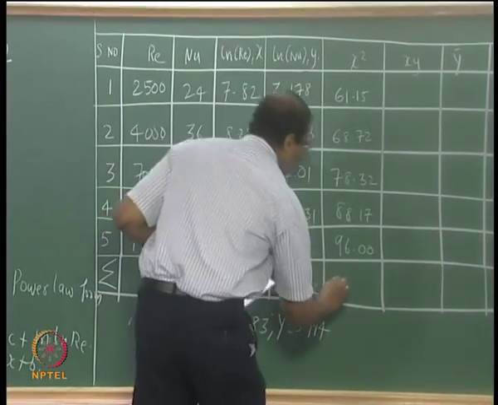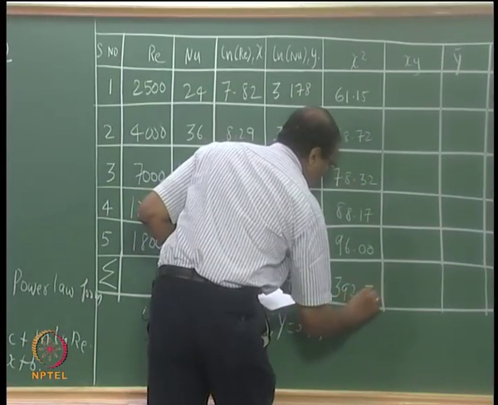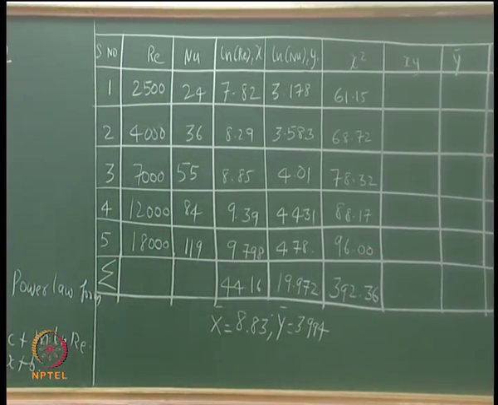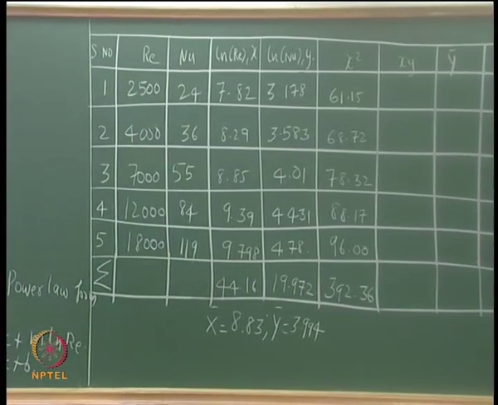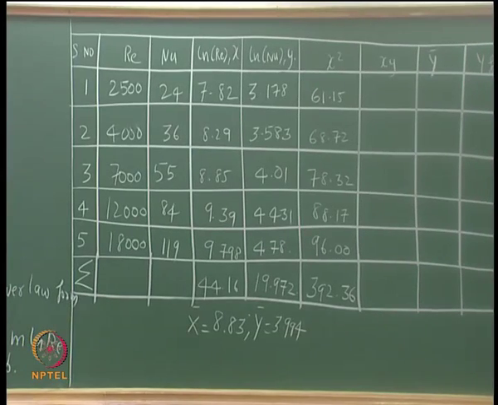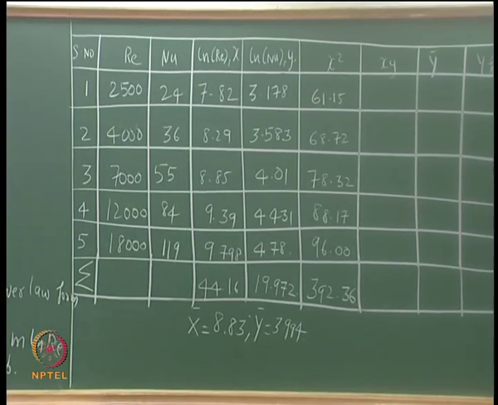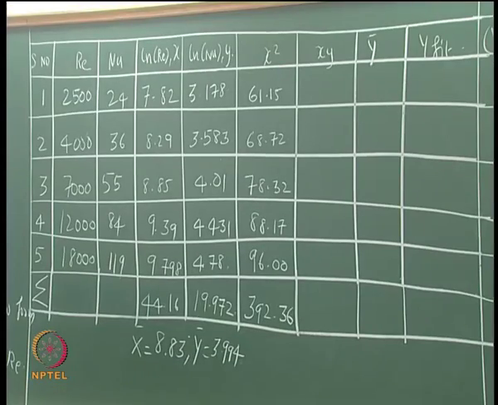So the sum of x squared is 392.36. Okay, from this side, tell me, are you getting these values? You are able to see the board?